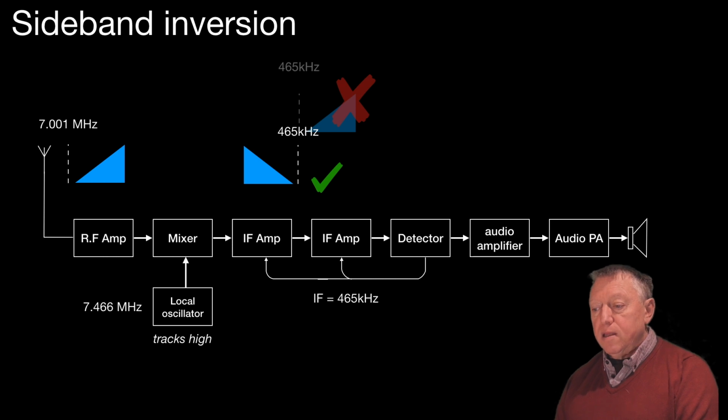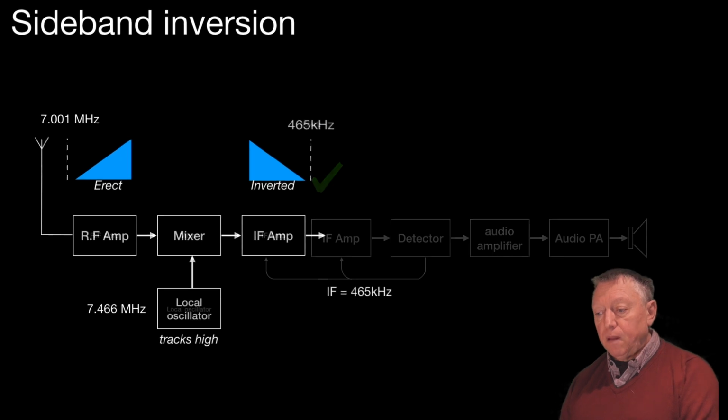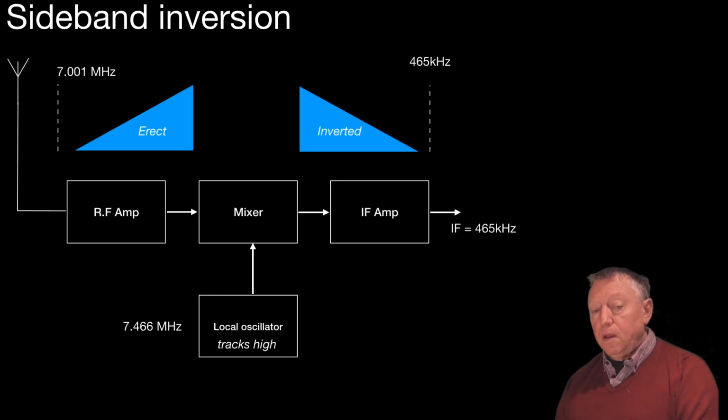Let's look and see why that might be the case. How did the erect sideband coming in from the antenna become inverted at the IF amplifier? Well, let's look at those boxes a bit more carefully. If we look at the incoming signal, 7.001 nominal frequency, we can put a little yellow pin there to mark where it is.